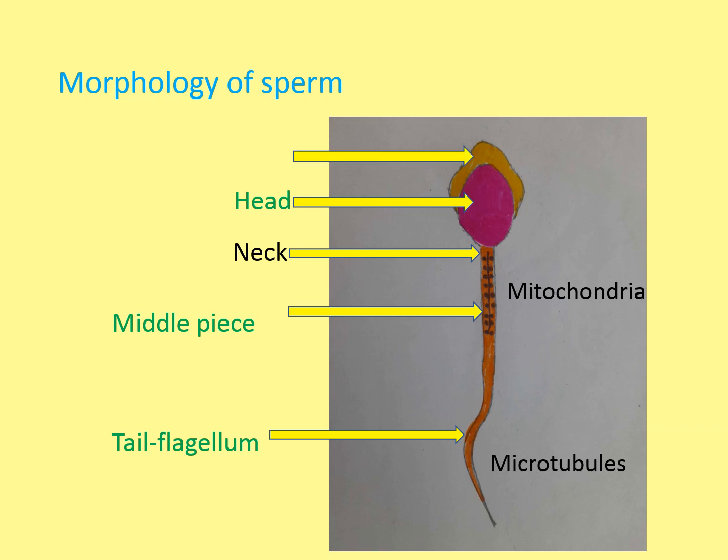And lastly, there is a thick cap known as the acrosome or acrosomal cap, which is formed from the Golgi apparatus, which contains enzymes similar to those found in the lysosome: hyaluronidase, which digests proteoglycan, and proteolytic enzymes, which digest protein. These enzymes have an important role in allowing the sperm to enter the ovum and fertilize it.